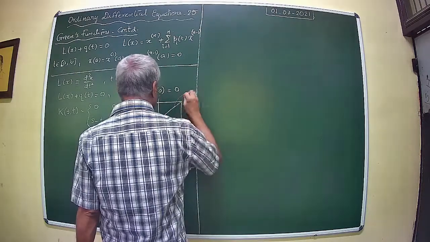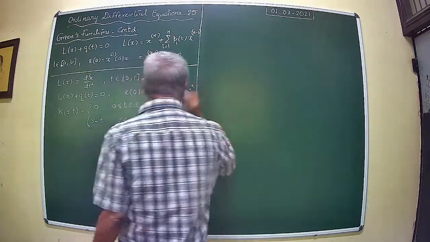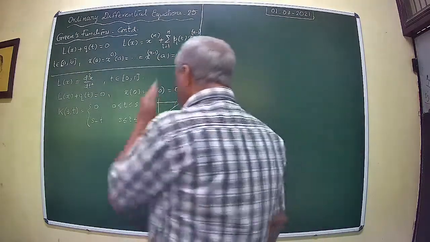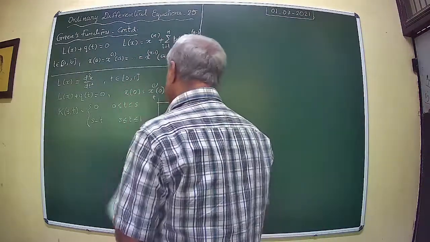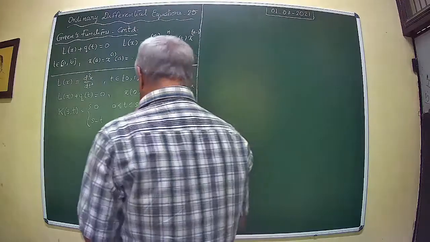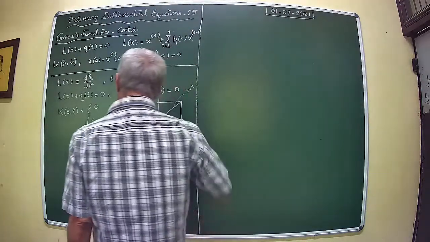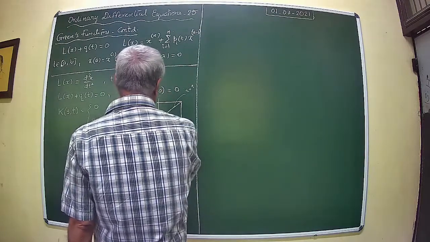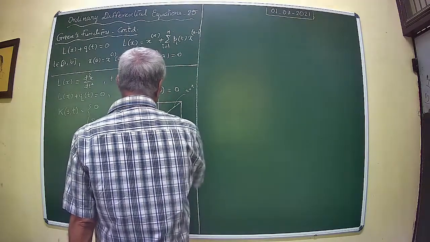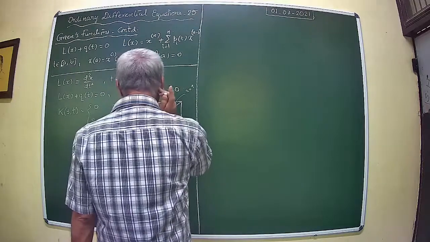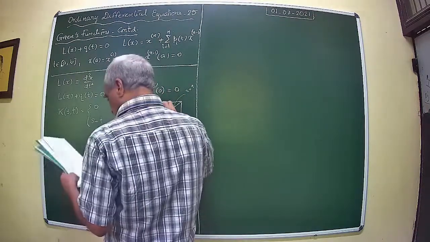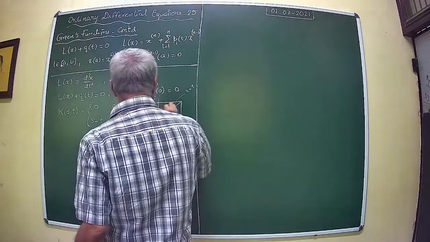This is s, 0 1 cross 0 1. The function is defined for s less than or equal to t; s less than or equal to t will be this portion. So here the function is defined as this.